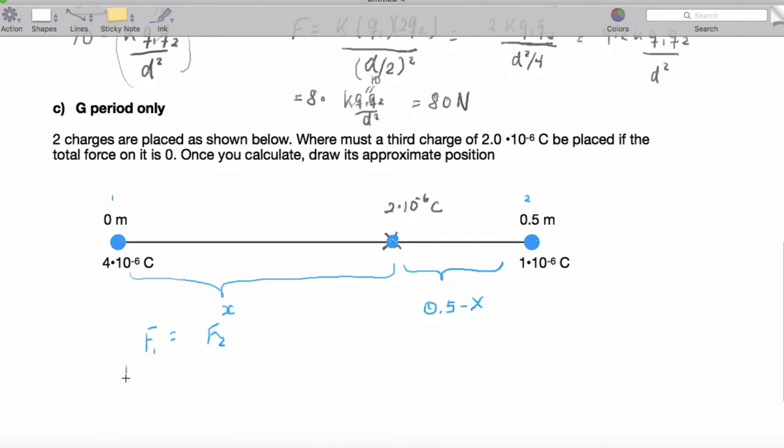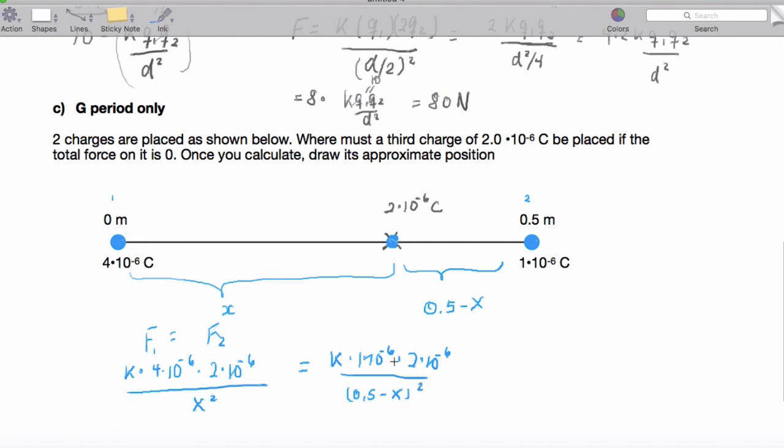So we're going to say that K times 4 times 10 to the negative 6th times 2 times 10 to the negative 6th, all of that over x squared is going to equal K times 1 times 10 to the negative 6th times 2 times 10 to the negative 6th, and we'll divide that by 0.5 minus x, and we'll square all of that.